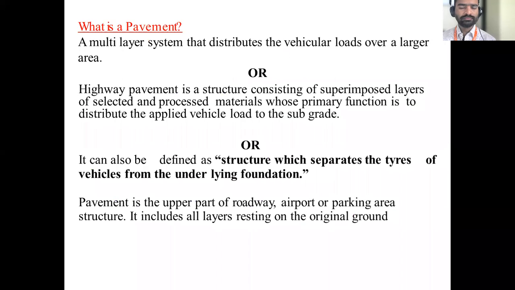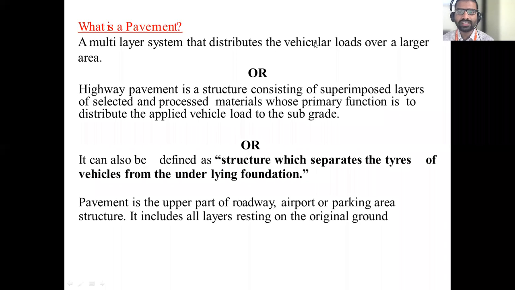What is pavement? Pavement is the upper part of a roadway, airport, or parking area structure. You can also define it as a hard surface, multi-layer system that distributes the vehicular loads over a larger area.